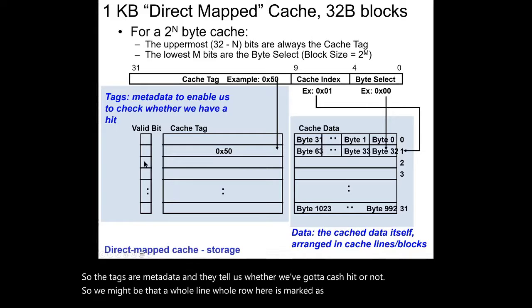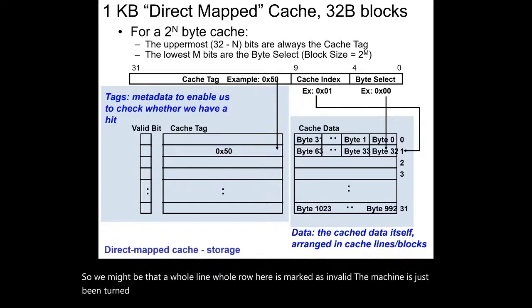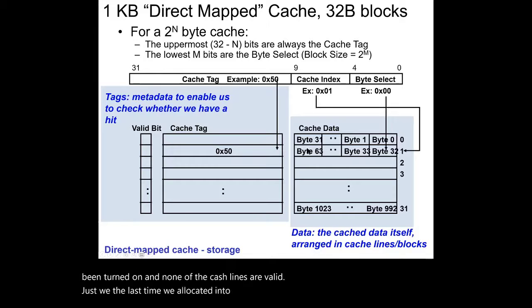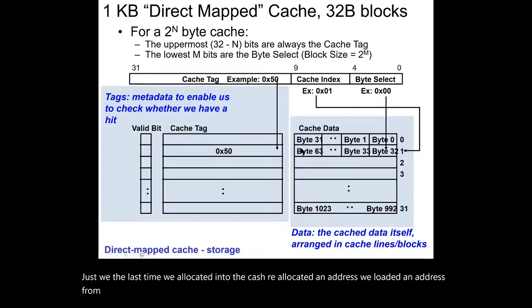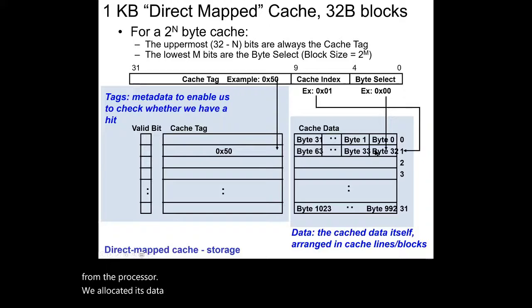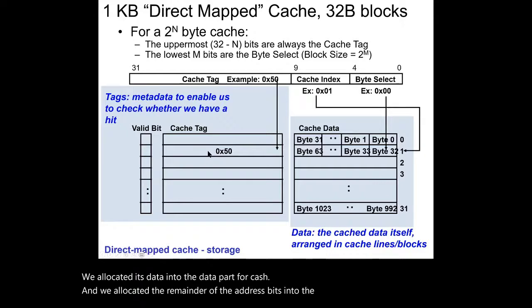The machine has just been turned on and none of the cache lines are valid. Or the last time we allocated into the cache, we loaded an address from the processor, we allocated its data into the data part of the cache, and we allocated the remainder of the address bits into the tag part of the cache.